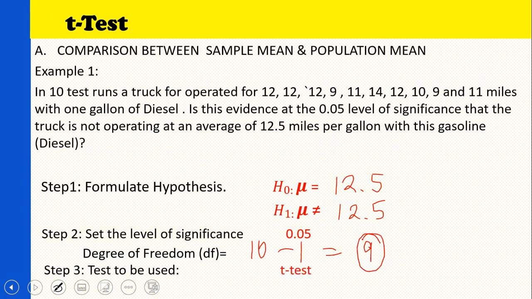Then how about naman for the test to be used? We're going to use t-test and it is under two-tailed test. We are using two-tailed test because of our hypothesis. So the average miles per gallon is 12.5, and the alternative hypothesis is the average miles per gallon of gasoline is not 12.5.